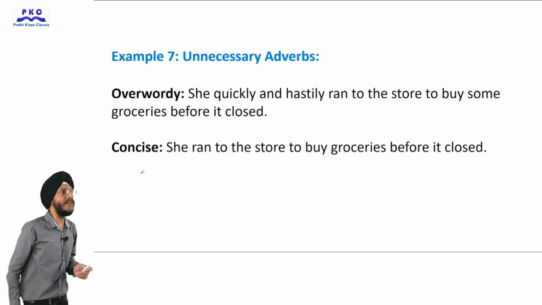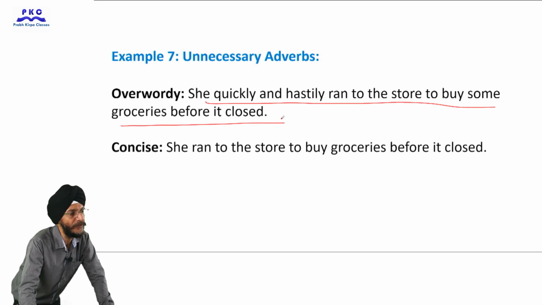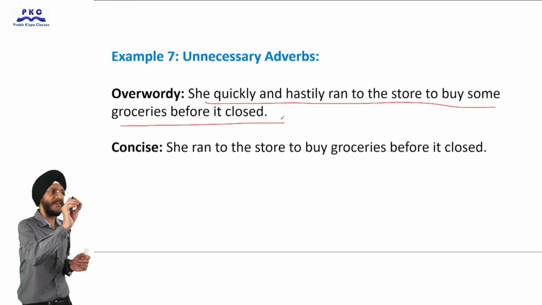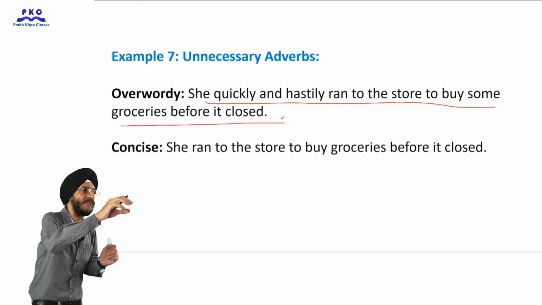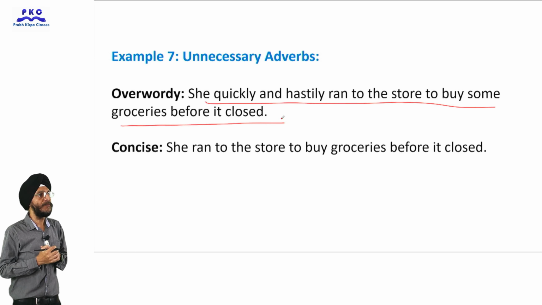Next is unnecessary adverbs. Example: she quickly and hastily ran to the store to buy some groceries before it closed. Suppose it is 9 at night and the shop is going to close very soon.